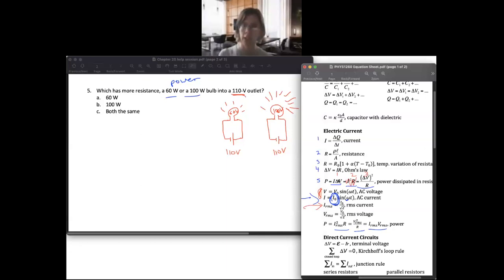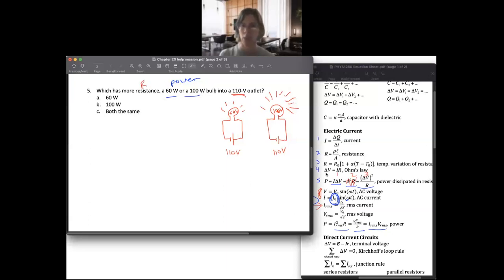So pick an equation that has delta V, and that has the other variable that we're looking for, which is R. So that's how we know we have to pick the third equation: power equals delta V squared over R. That's the trick, to figure out what stays constant and what changes. That way we know what happens to one variable when we change the other.